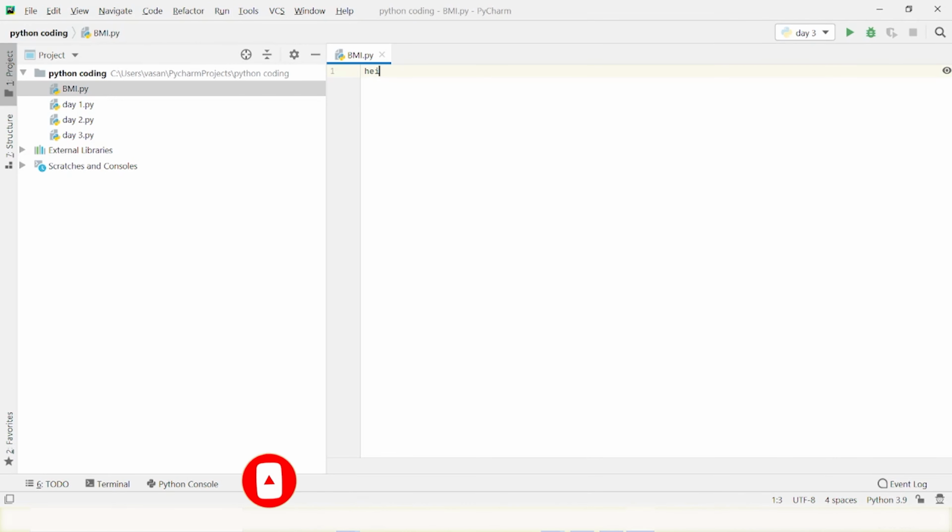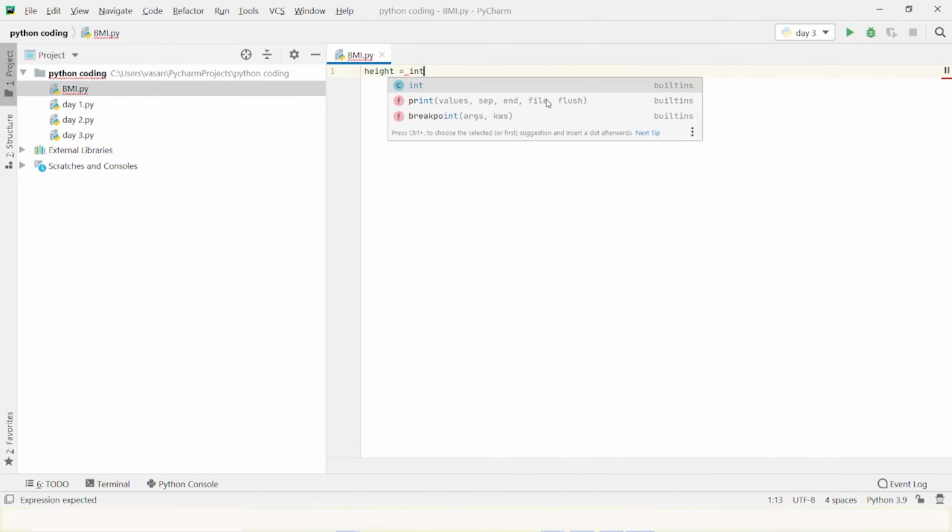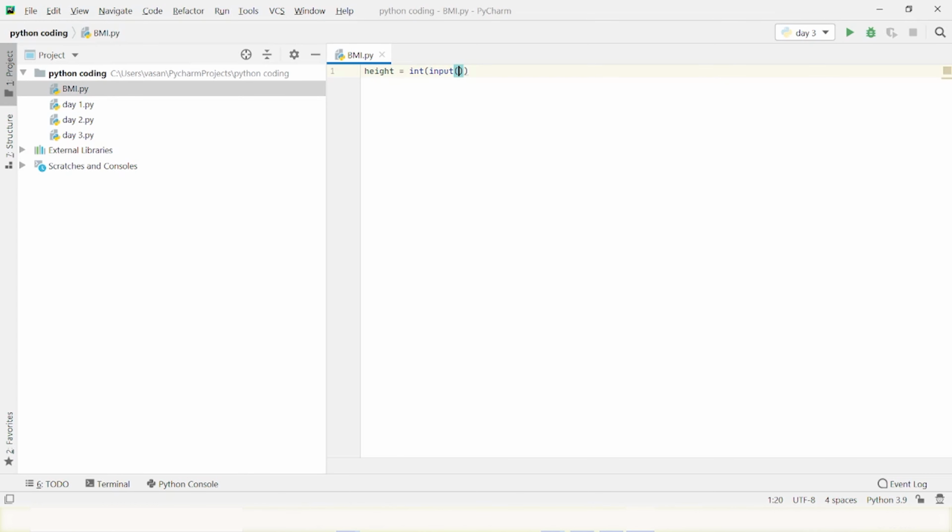So I'm gonna write height is equal to int input of "What is your height in meters?" That's very important.